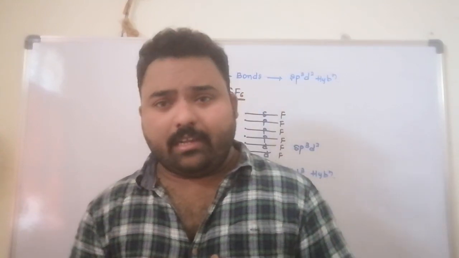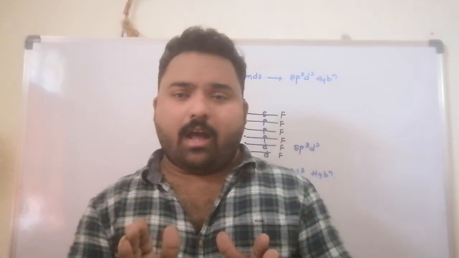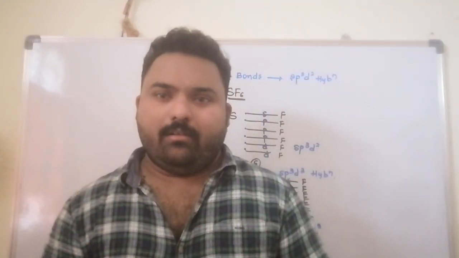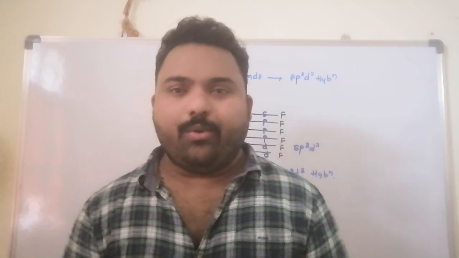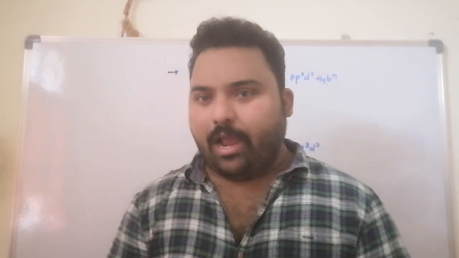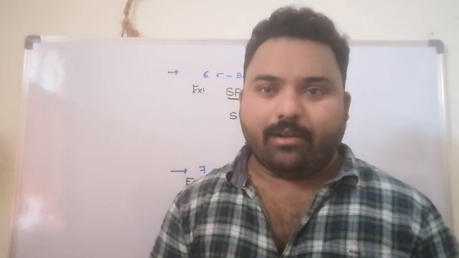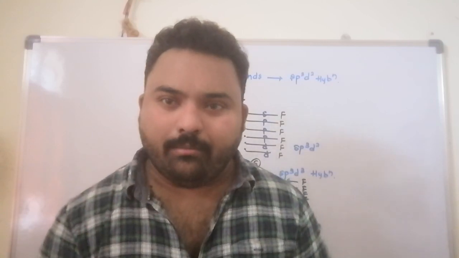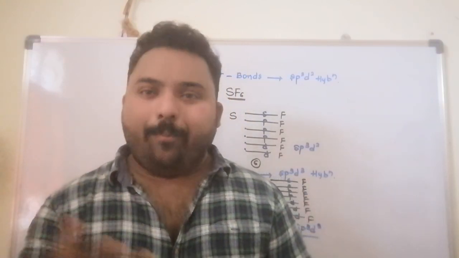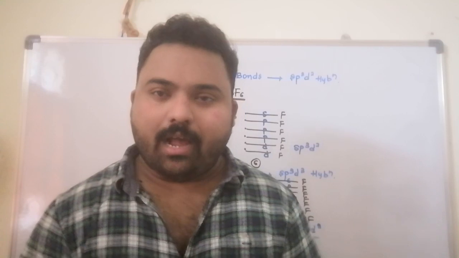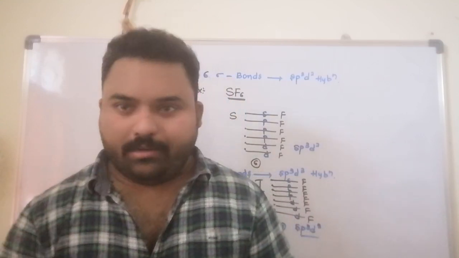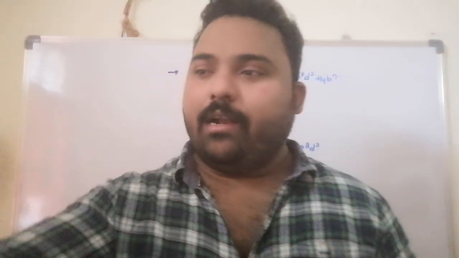This particular trick is not enough to calculate the hybridization of all the different molecules. So there is another trick to calculate the hybridization of a central atom in molecules containing lone pairs and in ions. That is the second trick.